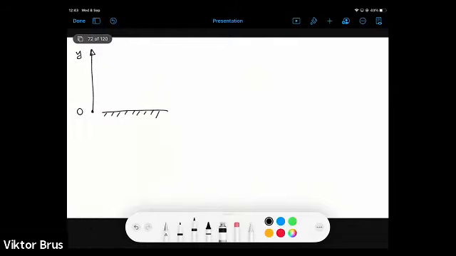Okay, so let's consider such an example. We have some object with weight m times g. So the initial velocity v, let's call it, is equal to 0. So it just stays on the ground level.